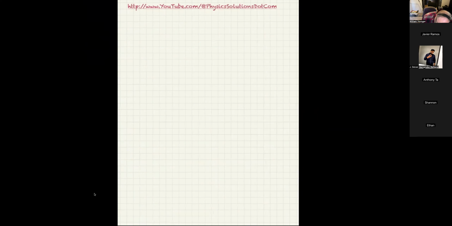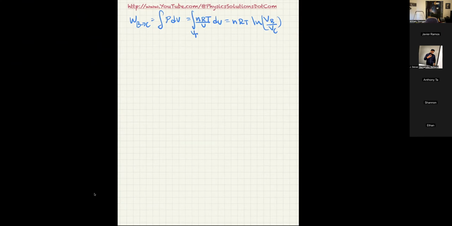The work from B to C is equal to the integral of P dV, but this time it's at constant temperature because it's an isotherm. So I can substitute in N times R times T over V dV, integrate that, and I'm going to get N times R times T times the natural log of VB over VC, because that's where I'm integrating from VB to VC.